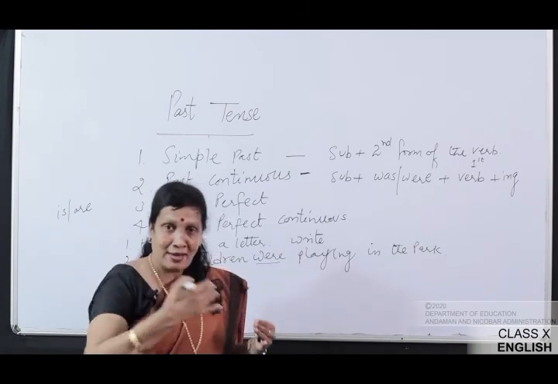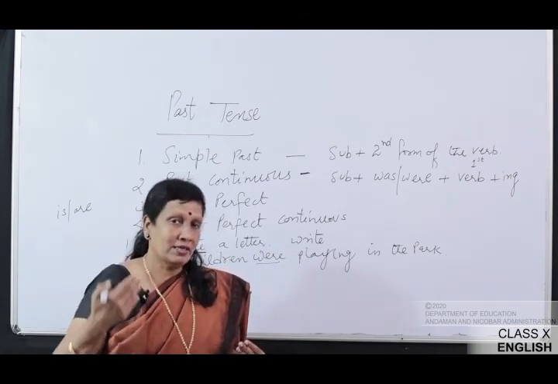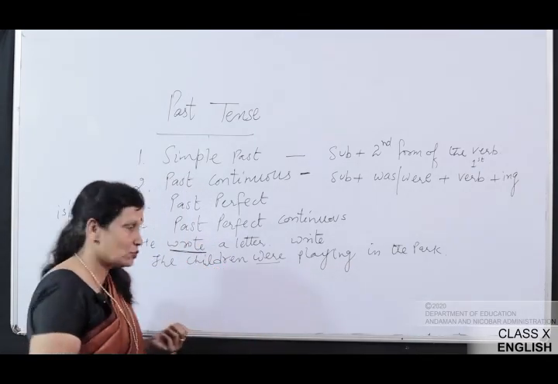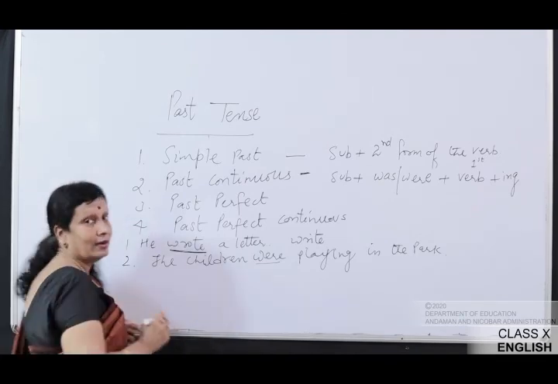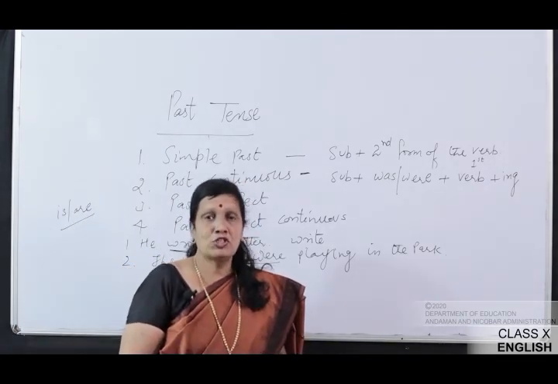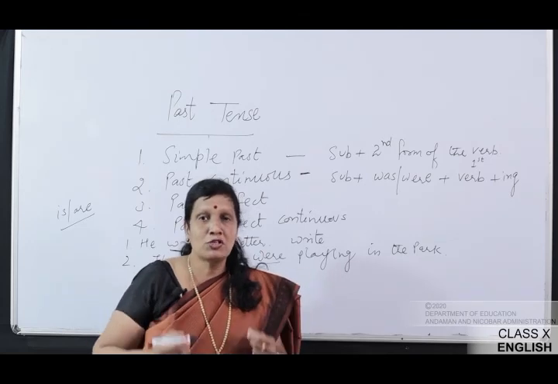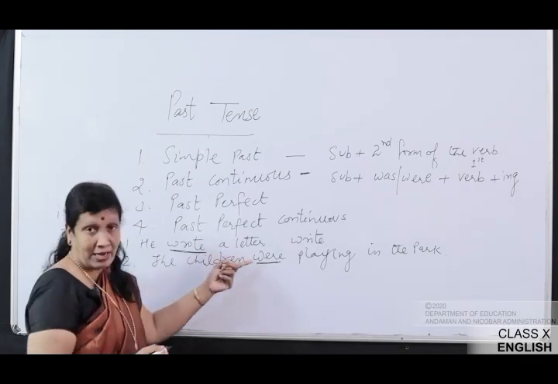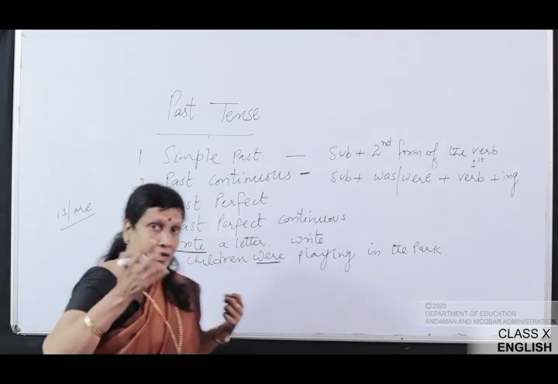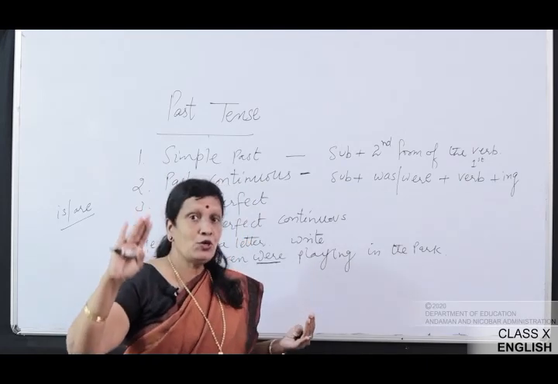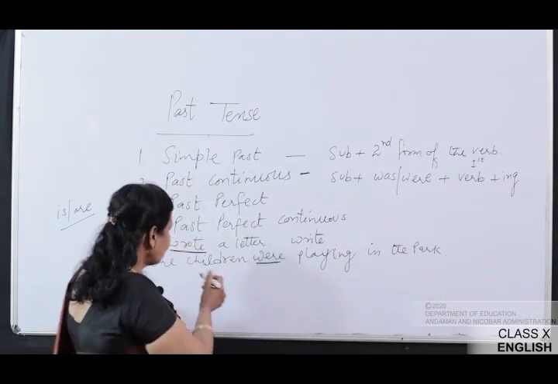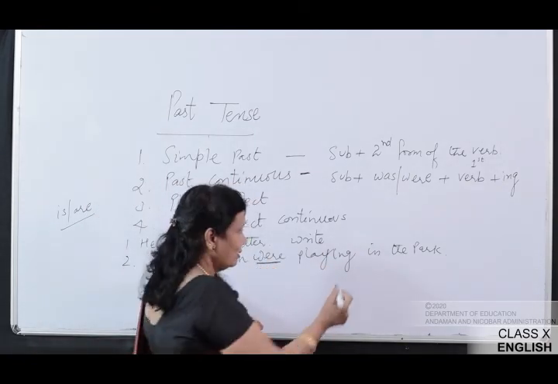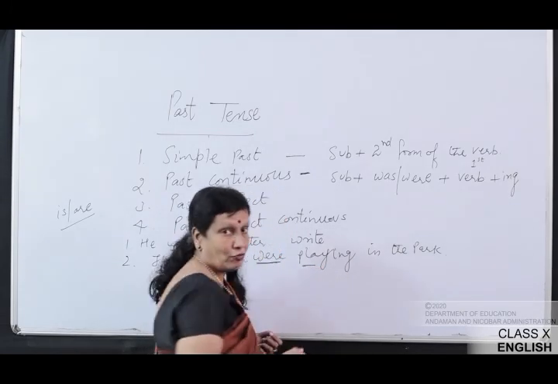I'll be just going back to what we have learned so that you are connected with the topic. So for the present continuous tense it was is or are plus ing. The children are playing. That means now the children are playing. But the past tense of are is were. So since we are talking of some action which continued in the past, the children were playing in the park, verb plus ing form.